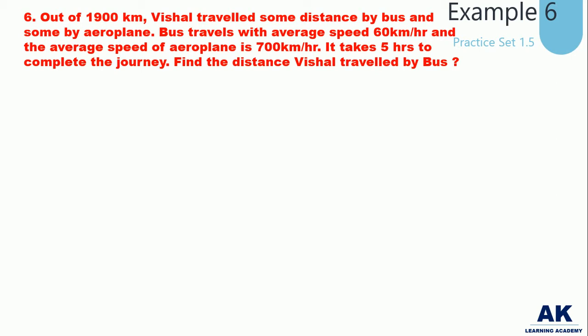So let us consider the distance Vishal traveled by bus be x kilometers and by aeroplane y kilometers. Why is it so? Because you have to consider these two variables, as two values are given, which are bus and the aeroplane, right?